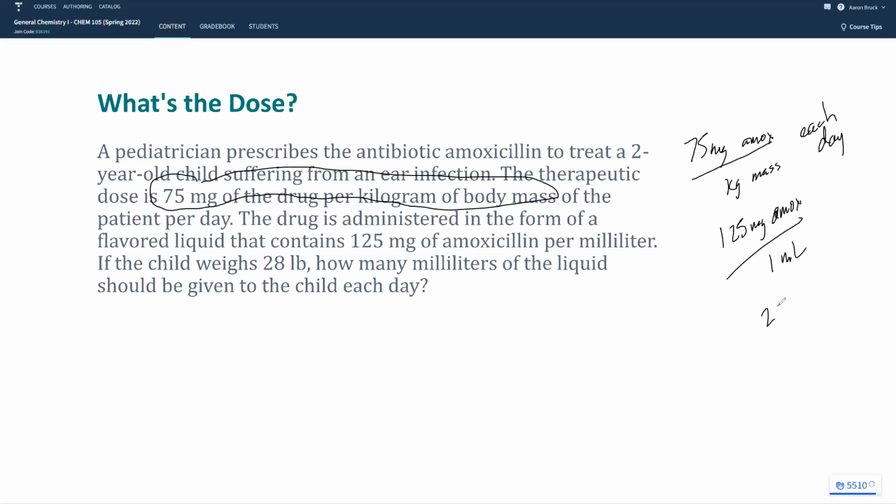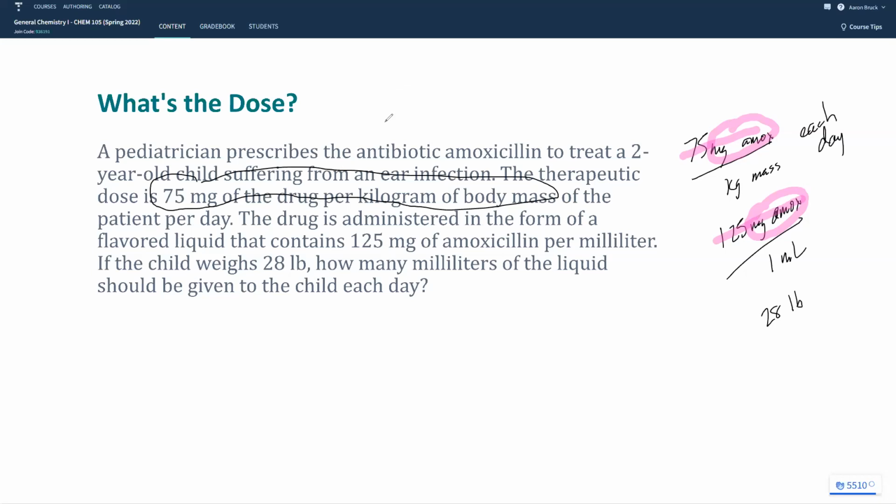And I have a 28-pound child. So we should be able to see that at the very least, these two conversion factors have one thing in common. They both have a mass of amoxicillin as a common factor between them. So I know I'm going to use both of them, and I'm going to end up canceling out one with the other.